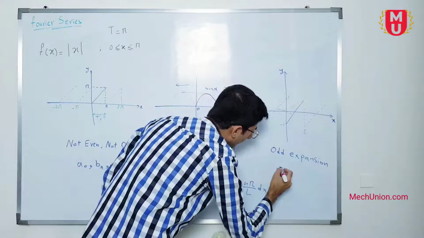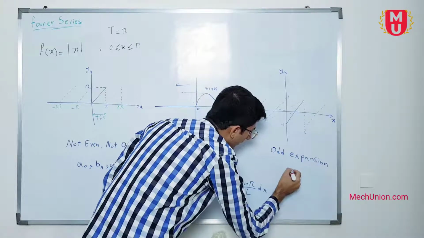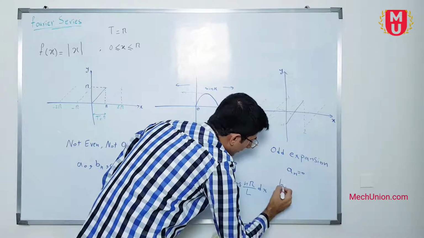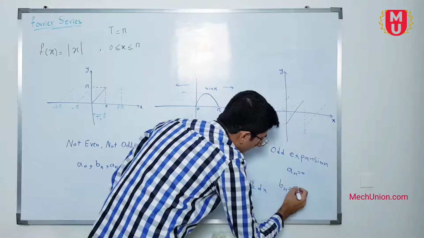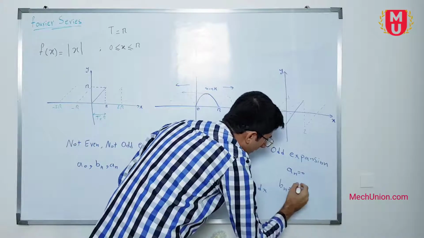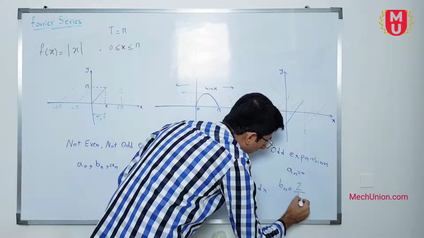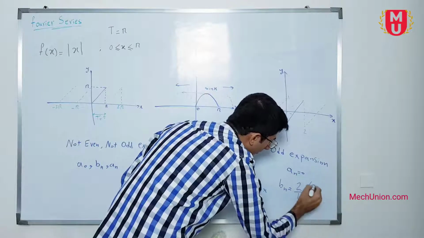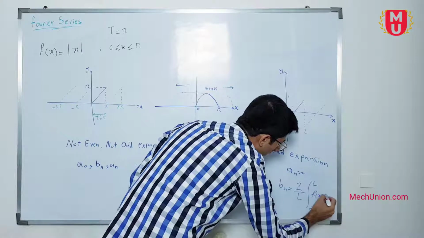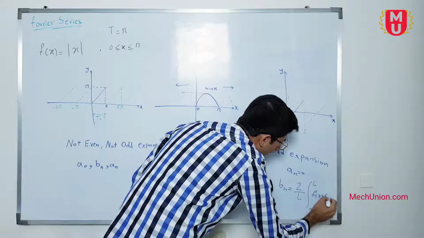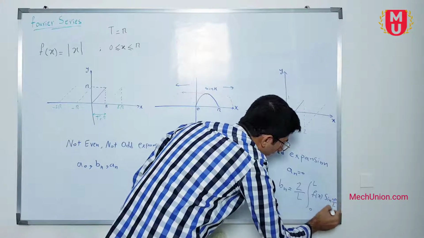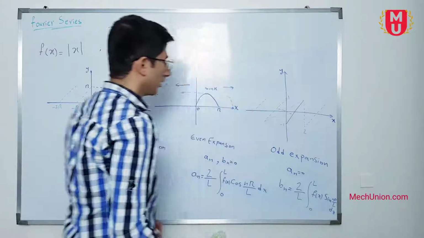In this type of form, we do not have the An, and we simply write down the Bn, which is equal to 2 over L integral from 0 to L of f of x times sine n pi over L x dx.